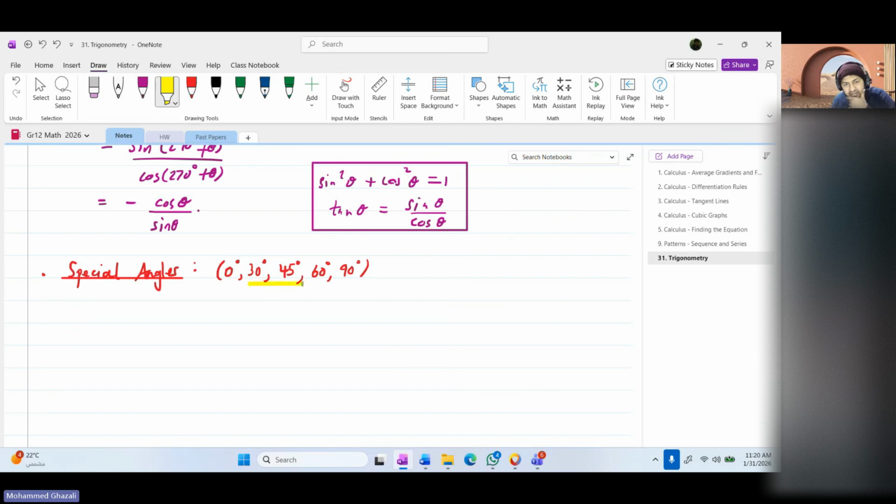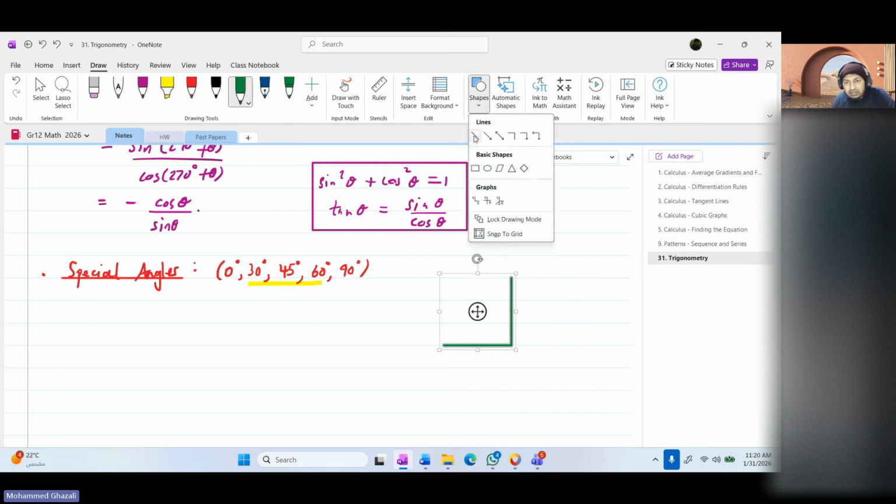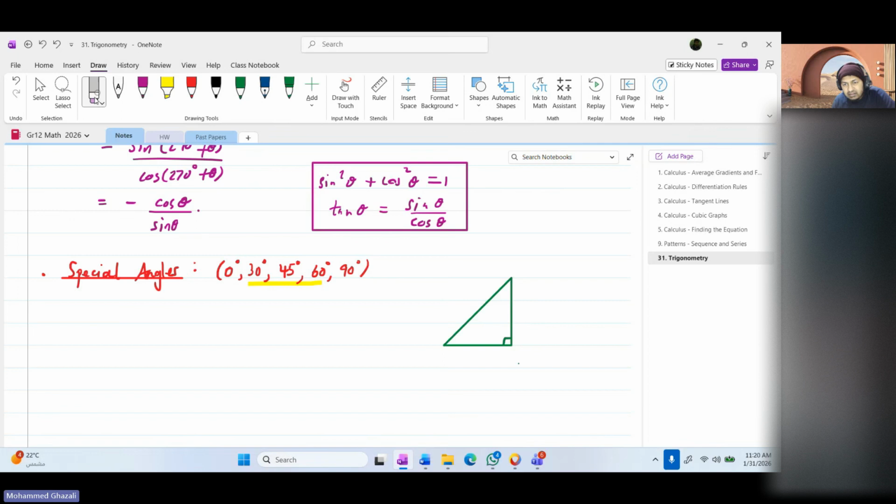For 30, 45 and 60, make sure that you know your triangle stuff, the 45, 45 triangle. If you draw the triangle, it'll be much easier, right? It's better to draw this triangle for 45 degrees, okay?